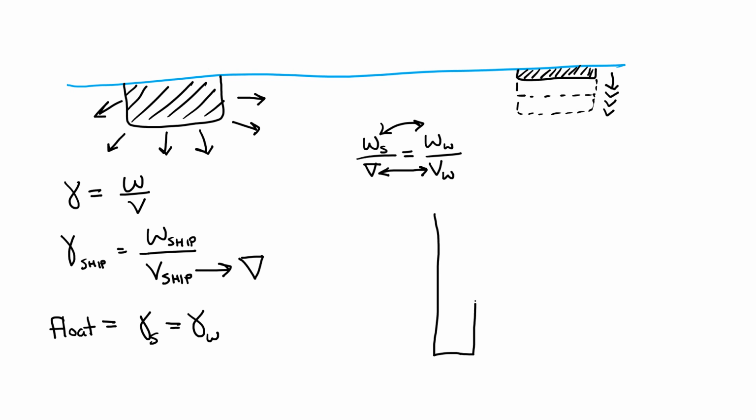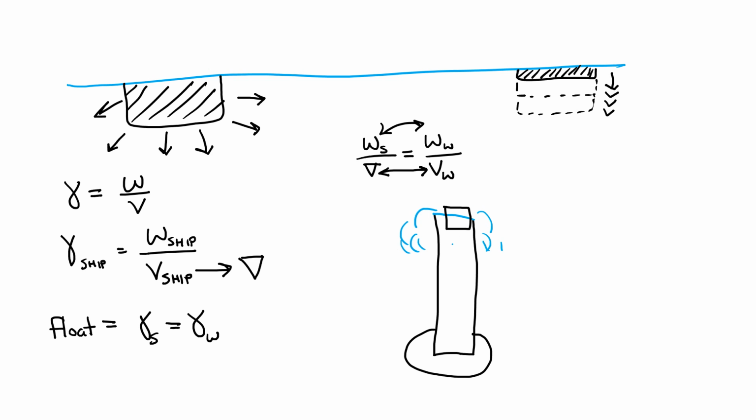If we have a container and we fill it directly to the brim with water, like so, and we put the ship in the water, the ship is going to increase its draft until its weight is equal to the weight of the water. However, since the container is filled to the brim, the water is going to spill out.